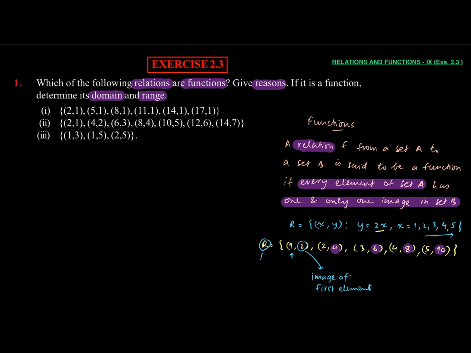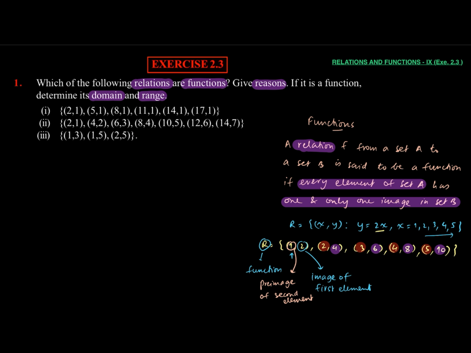So this relation is a function. Another point to be noted is that the first element is said to be the pre-image of the second element. So here 1, 2, 3, 4 and 5, they are all pre-images.